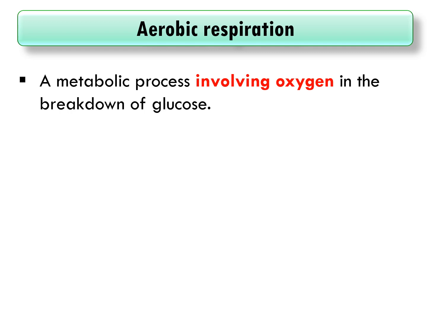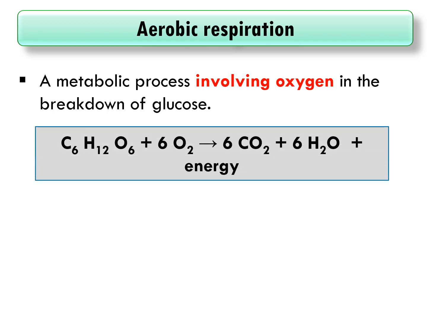Aerobic respiration is a metabolic process involving oxygen in the breakdown of glucose. The equation of aerobic respiration is 1 molecule of glucose requires 6 molecules of oxygen to produce 6 molecules of carbon dioxide, 6 molecules of water, and energy.